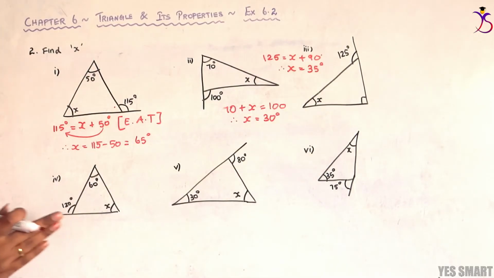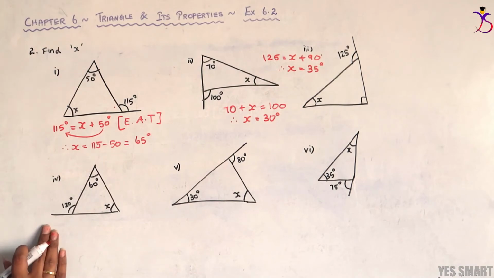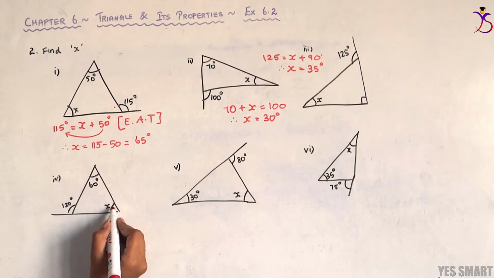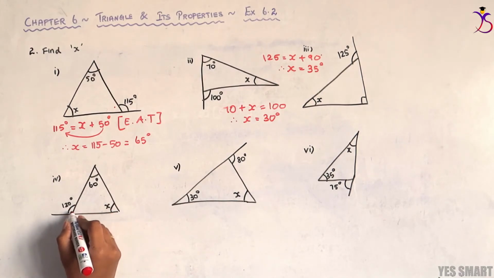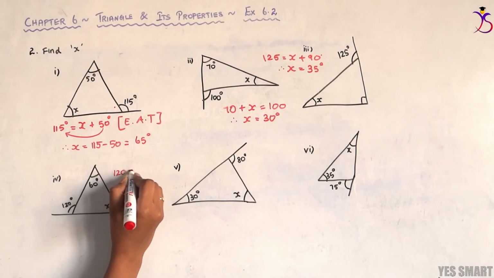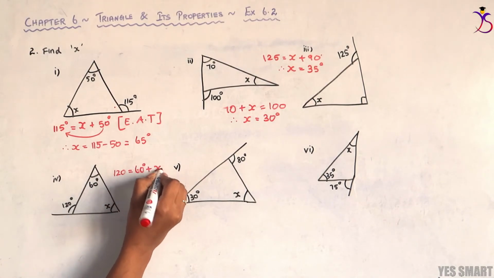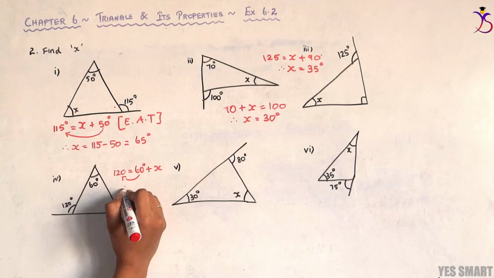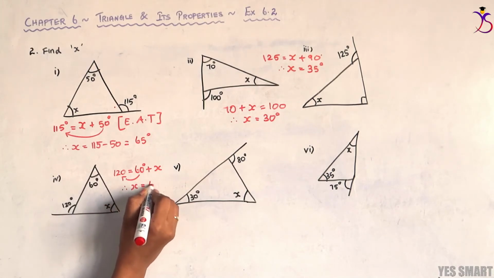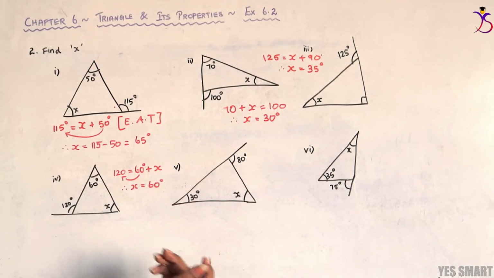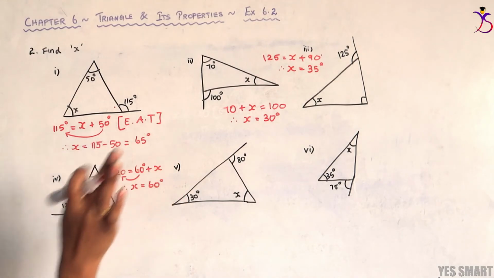Fourth subdivision. Here the exterior angle is 120 degrees and the two opposite interior angles are 60 and x. Therefore, 120 equals 60 plus x. Plus 60 is transposed. Therefore, x is equal to 120 minus 60, which is 60 degrees. We are supposed to write the reason as the exterior angle theorem for all these sums as well.